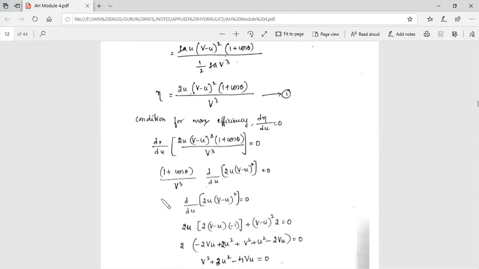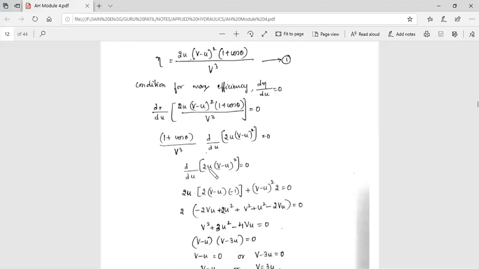Differentiating 2u, keeping (v minus u) whole square, that is 2 into (v minus u), and the differentiation of (v minus u) is again minus 1 because v is constant here. Next, keeping (v minus u) whole square as constant, then differentiating 2u, the differentiation of 2u is only 2. 2 is constant, differentiation of u is 1.